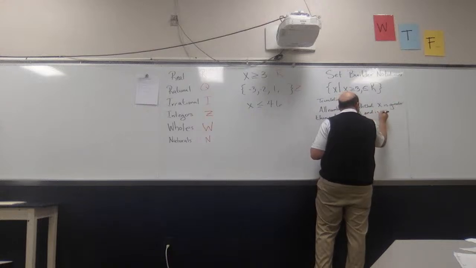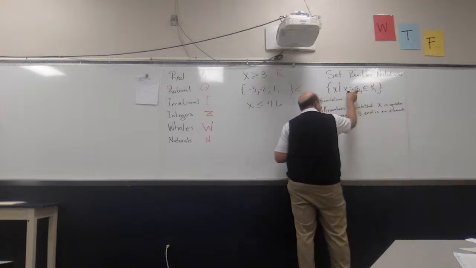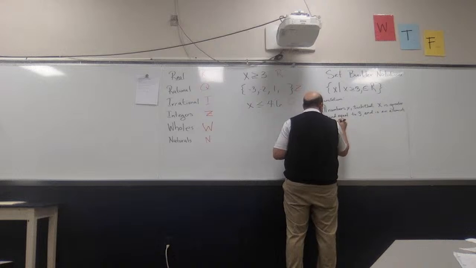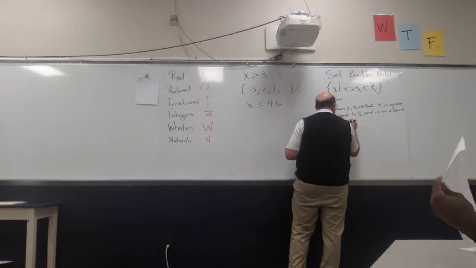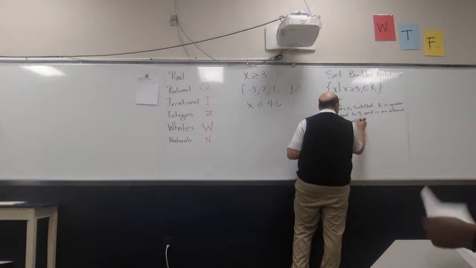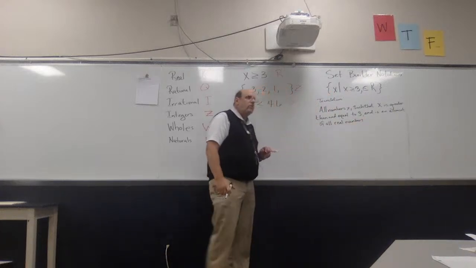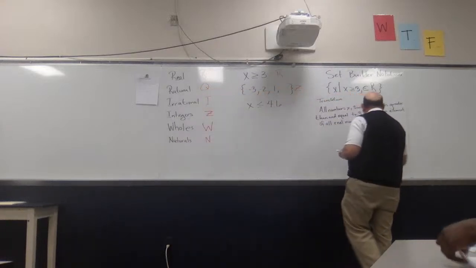And is an element. You already have this written down, Yao. I just used a different example so I don't have to rewrite it again. All real numbers. It could be the set of all real numbers, but this gives you a look.